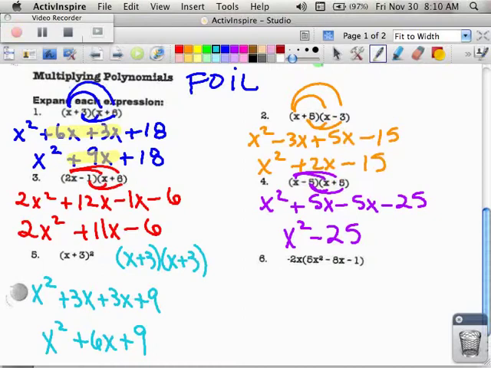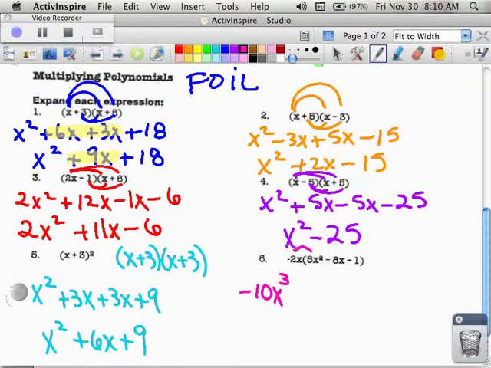In number 6, we have something a little bit different. We have a number, or a term, I should say, on the outside of a big, long polynomial. In this case, you just multiply each of the pieces. So negative 2x times 5x squared is negative 10x cubed.